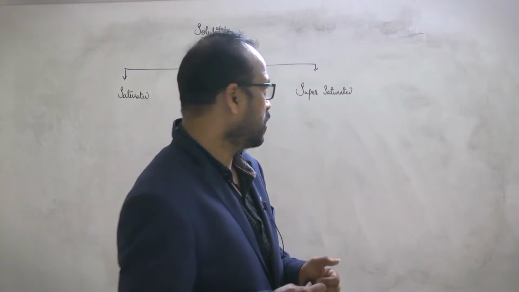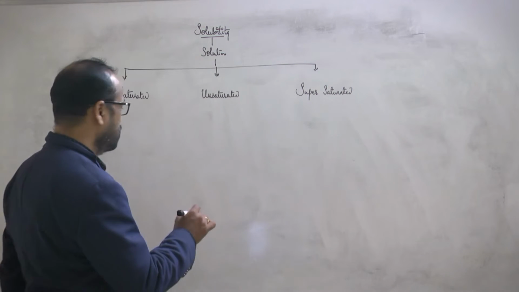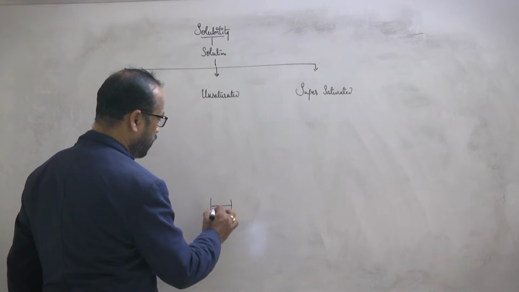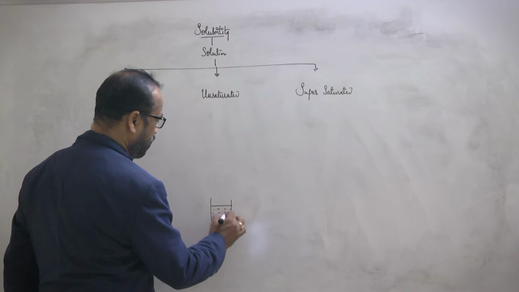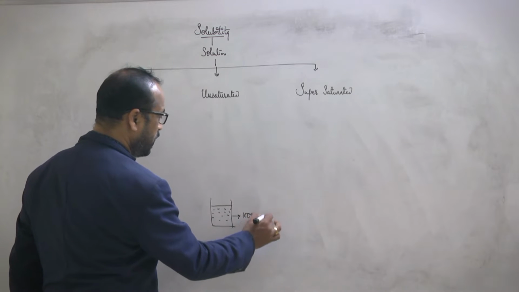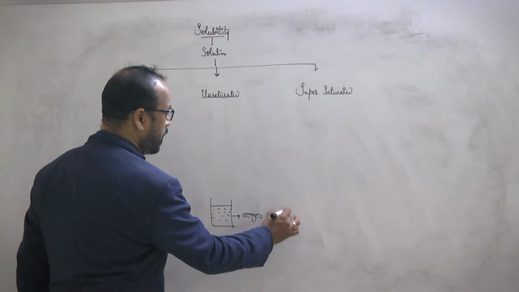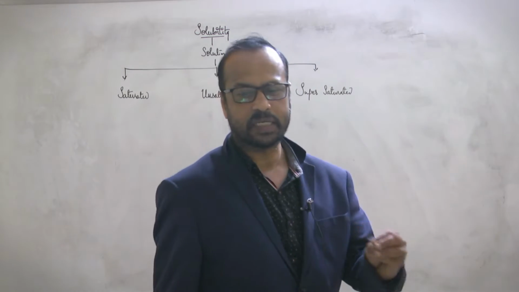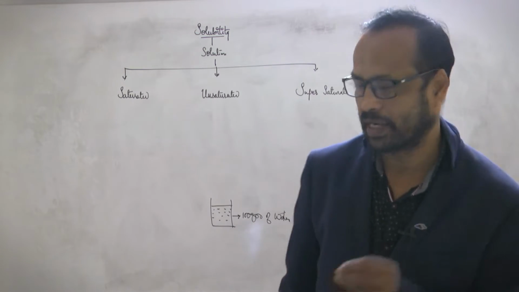So the meaning is what we already discussed, but once again, when you take a beaker, this beaker consists of 100 grams of water. As I told you, it can dissolve some 36.5 grams of salt in it.